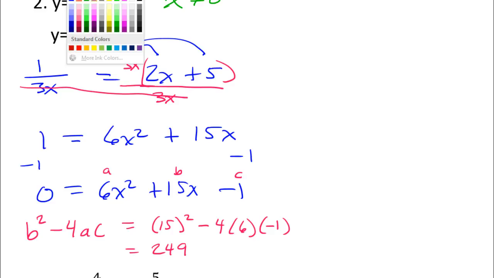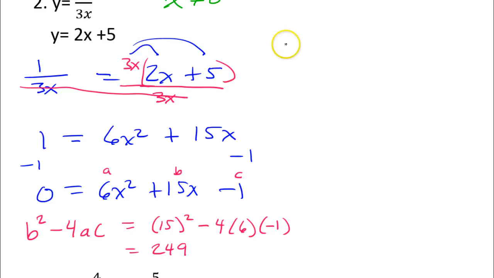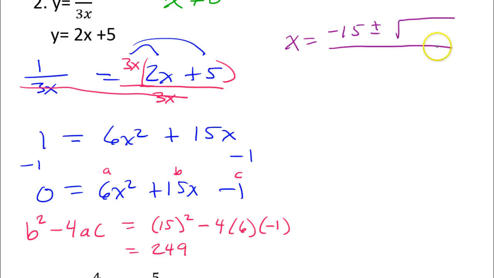Okay, so now when I do the rest of the quadratic formula, that's going to be opposite of b, which will be negative 15, plus or minus square root, all over 2a, and a is 6, so 2a will be 12.